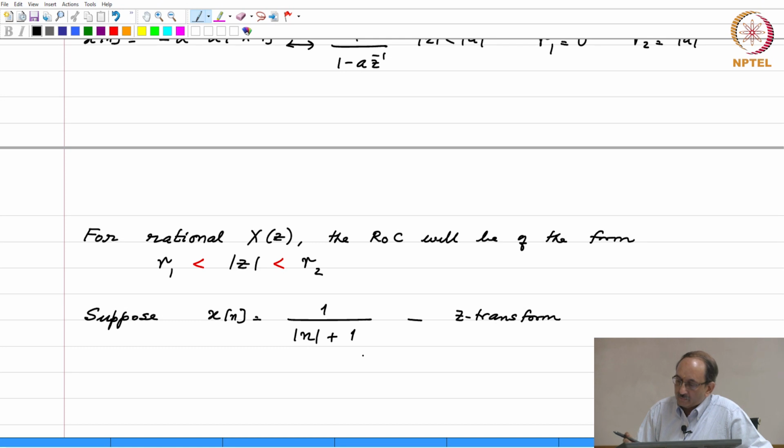Suppose I had 1 over n plus 1 for n greater than or equal to 0. Remember, now this exists for all n from minus infinity to plus infinity. This is a two-sided sequence. Your answer is correct, but I am trying to understand more as to what made you conclude that. Suppose I had 1 over n plus 1 for n greater than or equal to 0. Then if I had asked you about the Z transform, what would be the answer?